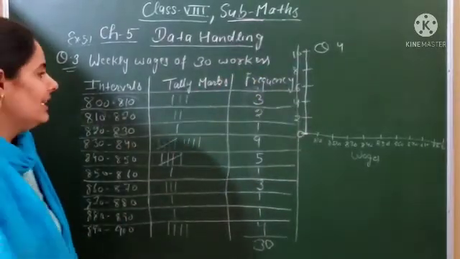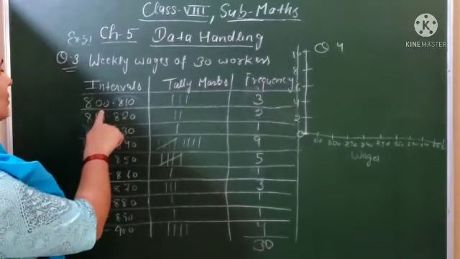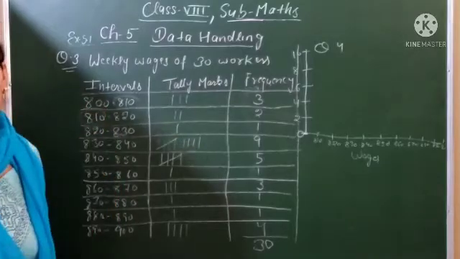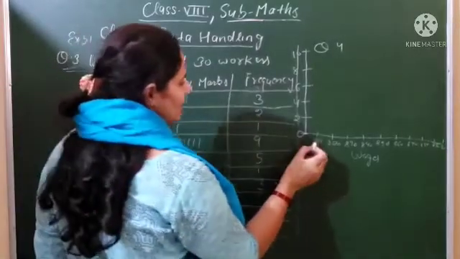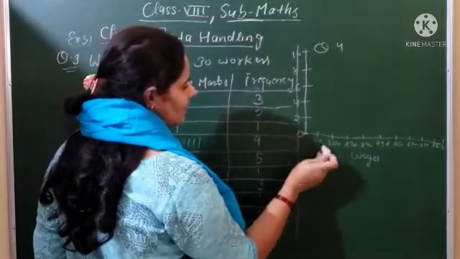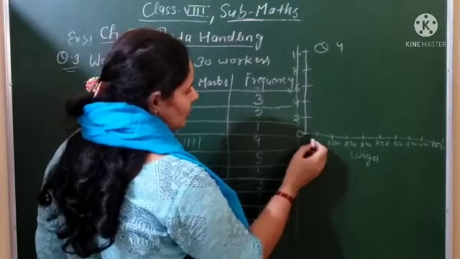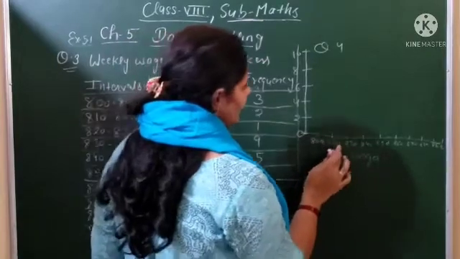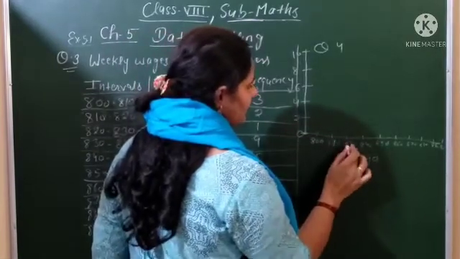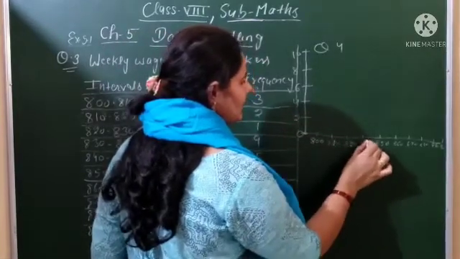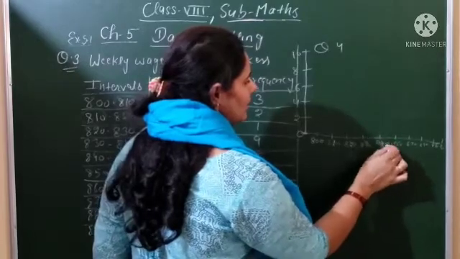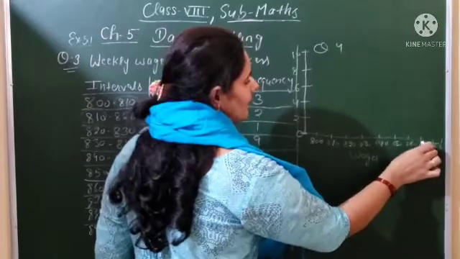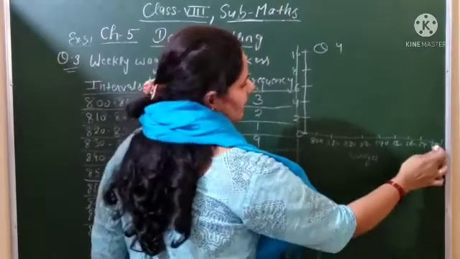After that, the first bar you will make is between 800 and 810. You start from 800, then 810, 820, 830, 840, 850, 860, 870, 880, 890 and 900.